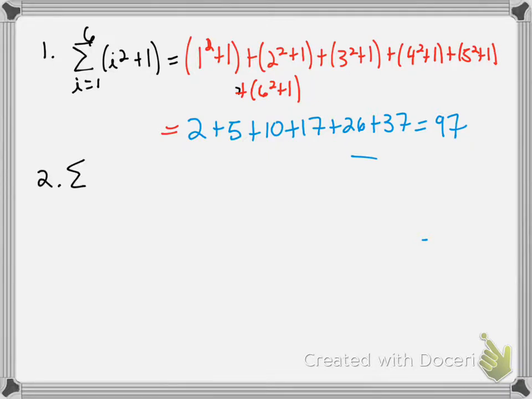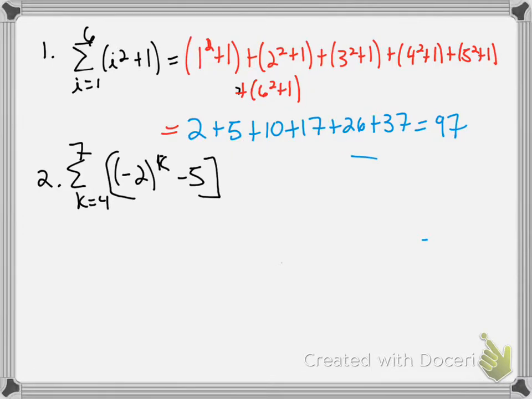is the sum of k equals 4 to 7 of negative 2 to the k minus 5. Okay, I feel like maybe I will need a little bit more paper, but we'll see.